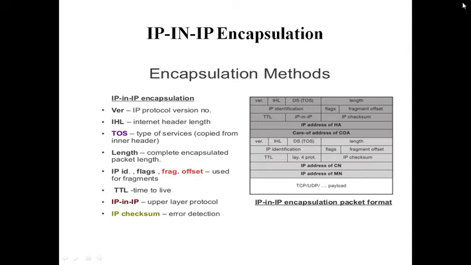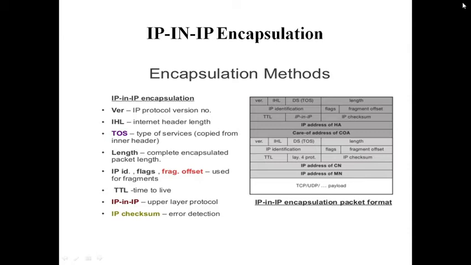Okay, and the next one is the IP address of the HA, meaning the tunnel entry point, the source address. The source address means the encapsulated packet source address, not the original packet source address. And the next one is the care of address.